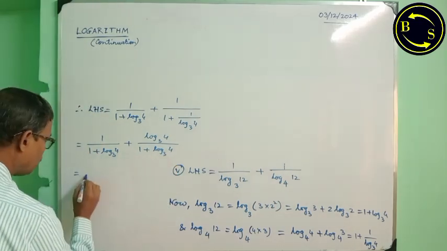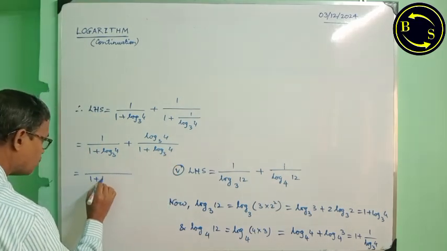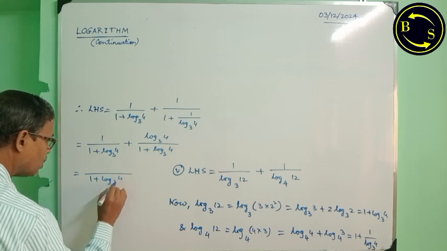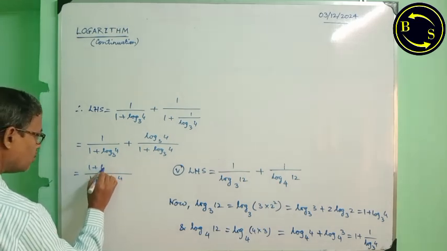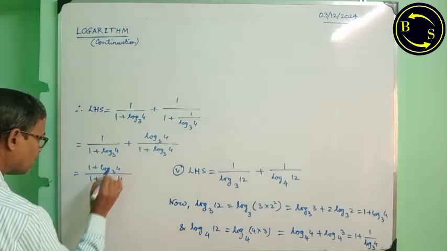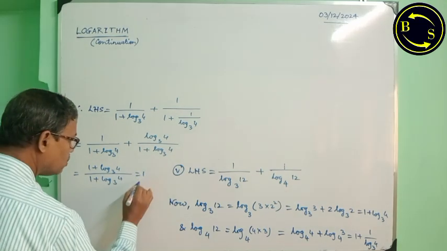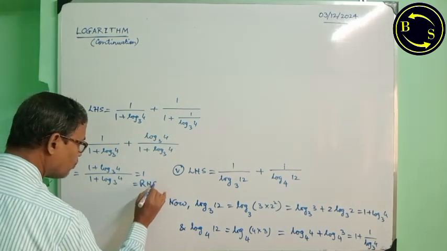Therefore, the LCM of the denominators is 1 plus log of 4 to the base 3, and that is equal to 1, the RHS.